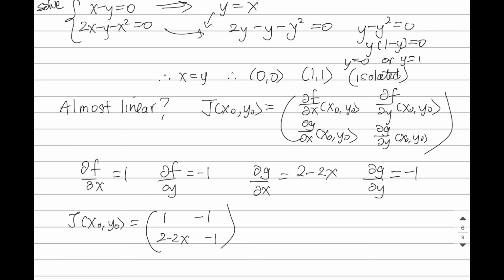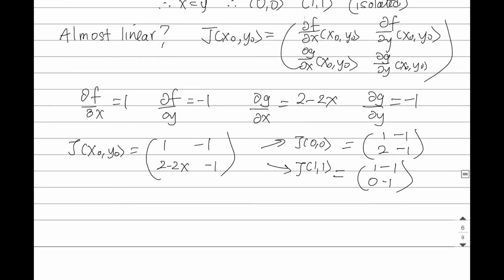Now what we need to do is evaluate the Jacobian at 0, 0 and evaluate it at 1, 1. So you can see here that this matrix will simply be as follows, and this matrix will be here. Now, to be almost linear, that means that these Jacobian matrices need to be invertible at these given points.